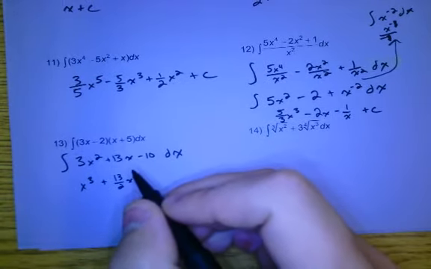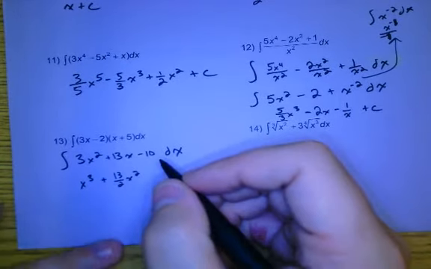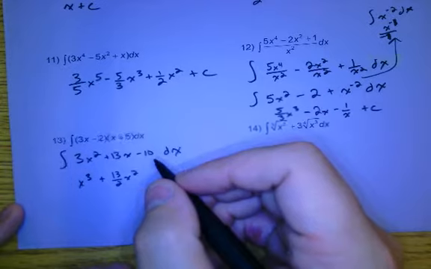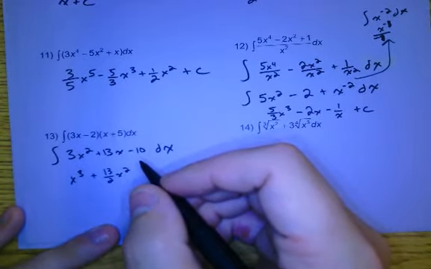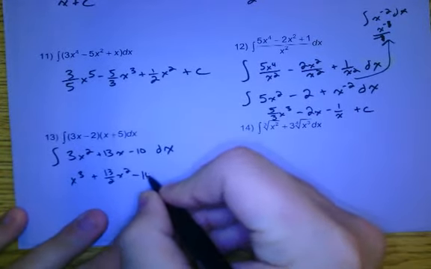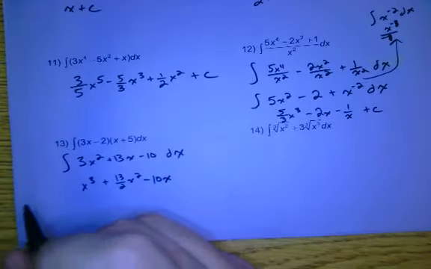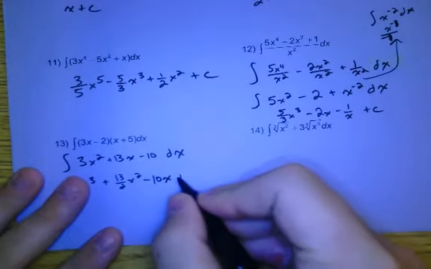Next one, Neelish. Come on. The minus 10, antiderivative of that is? Faster, please. So minus 10x. Is that it, Neelish? Are we done? Thank you, Neelish.